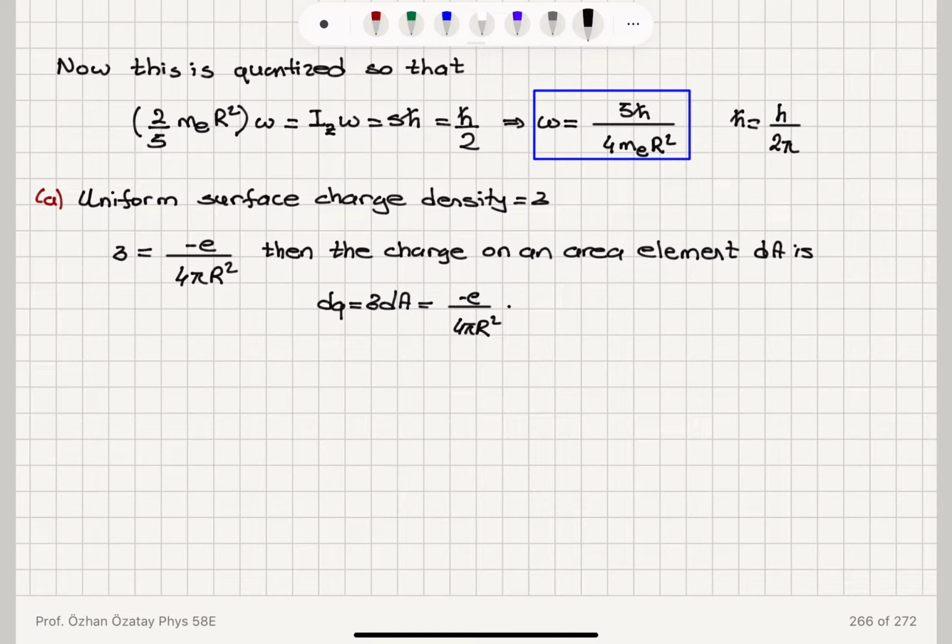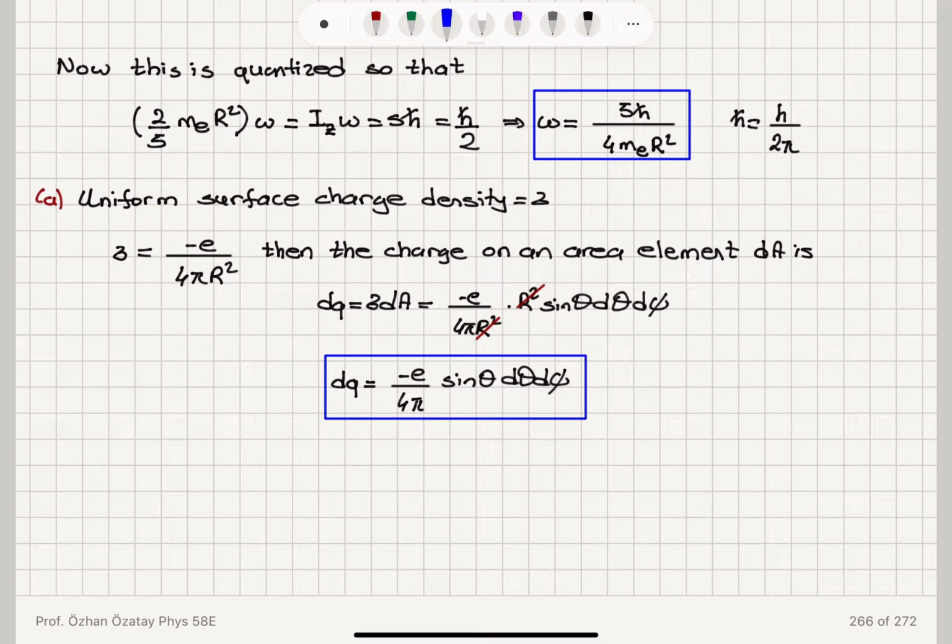This is multiplied with capital R squared sine theta d theta d phi, and the capital R squares will disappear, and we will be left with a differential charge dQ equals minus e divided by 4 pi sine theta d theta d phi. So it's independent of the radius capital R.